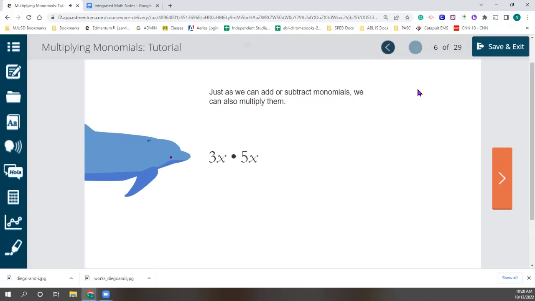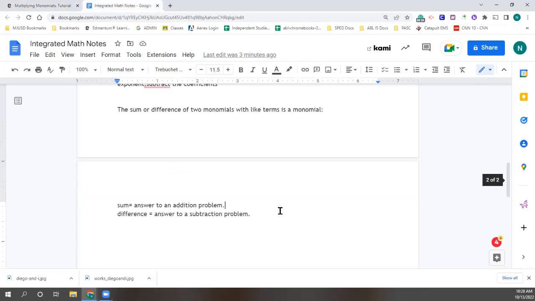Just as we can add or subtract monomials, we can also multiply them. So this is where I want to address a concern or clarify something. The answer to a multiplication problem is called the product. The product, I could write it down here.